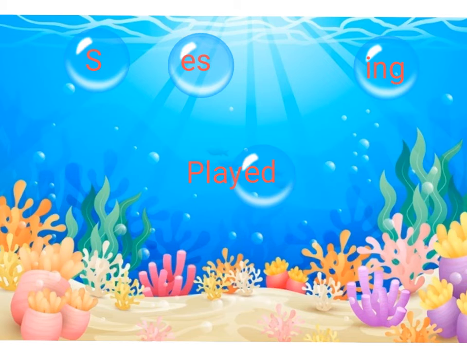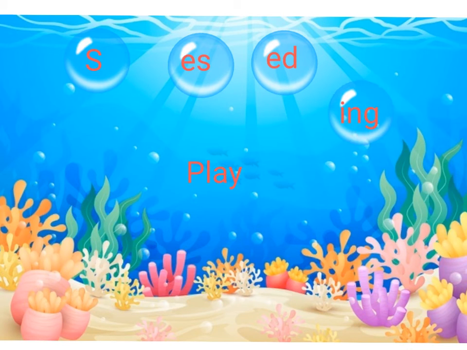Play ed? Nope. Plate, plate. That sounds like a word, but not the one we're looking for. I think the ed in this case is saying d, played. What if I am doing it right now? Let's add my ing. Right now, I am playing. Playing.